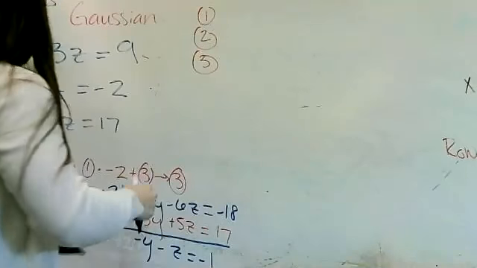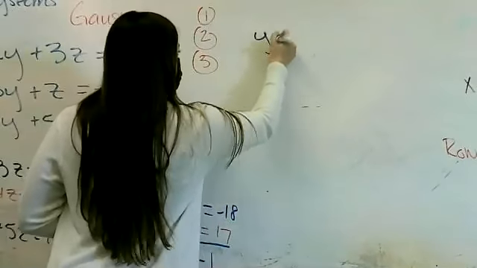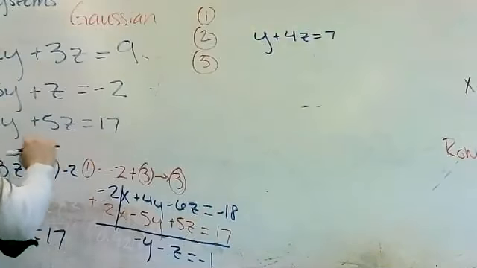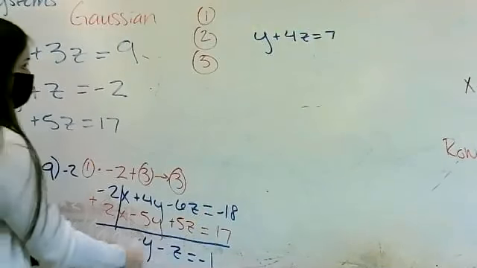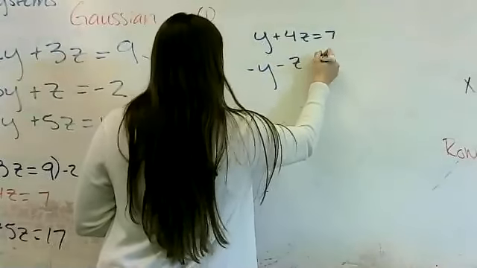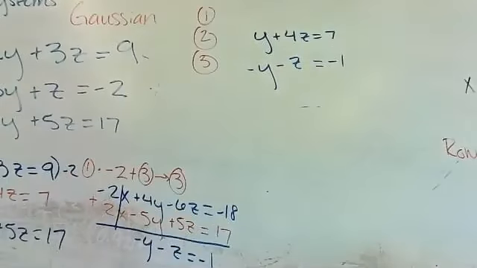I did not change 2, so that's staying y plus 4z equals 7. My new equation 3 is down here, negative y minus z equals negative 1. And I did not obtain a new equation 1.